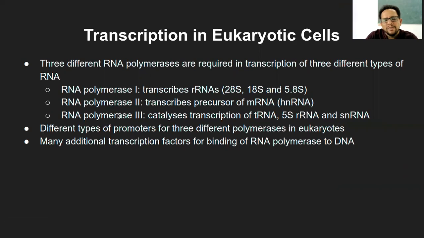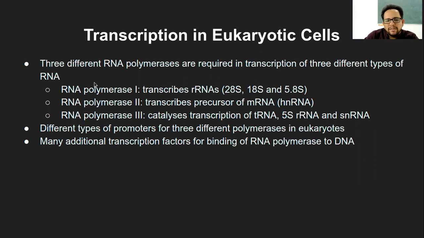Why are there three different polymerases? Because RNA polymerase 1 will transcribe the rRNA, RNA polymerase 2 will transcribe the mRNA, and RNA polymerase 3 will transcribe the tRNA part. And of course, for rRNA, we know there are different subunits within the ribosome molecule.